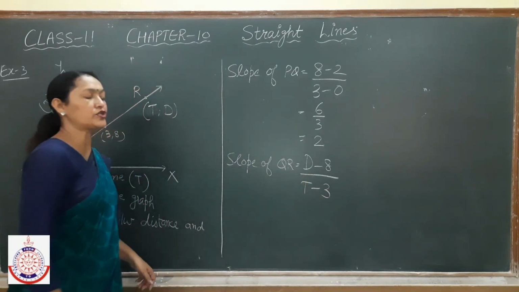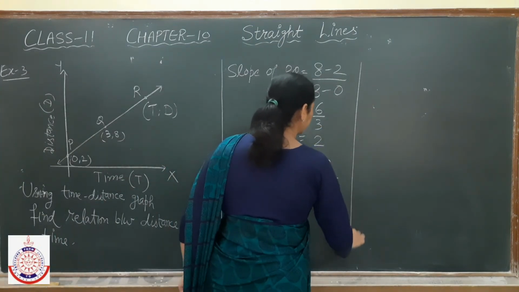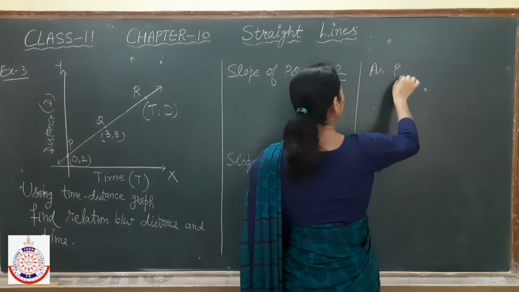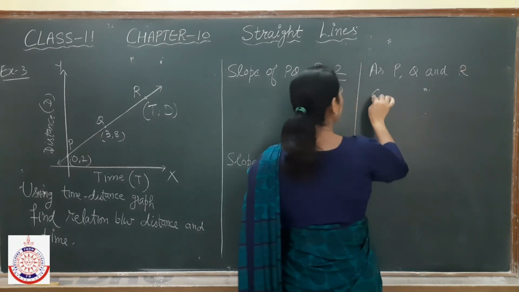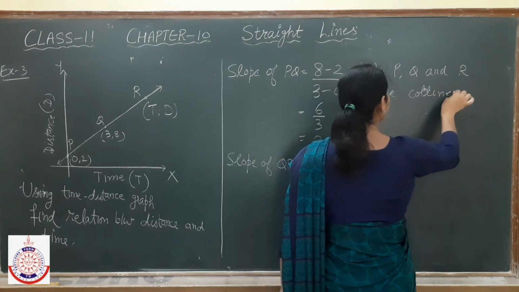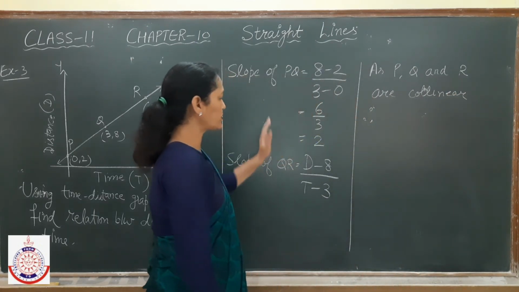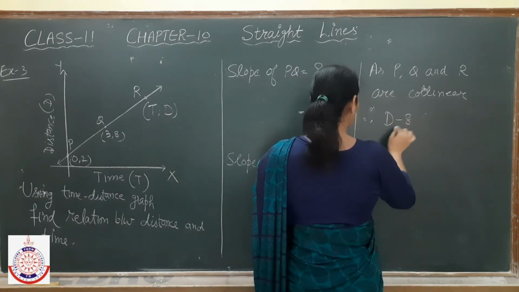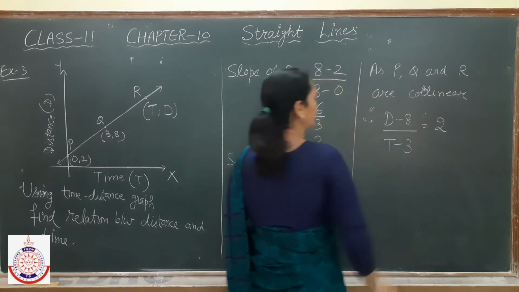Now using the condition of collinear points, we will be saying as P, Q and R are collinear. Therefore, the 2 slopes will be equal, meaning d minus 8 upon t minus 3 is equal to 2.